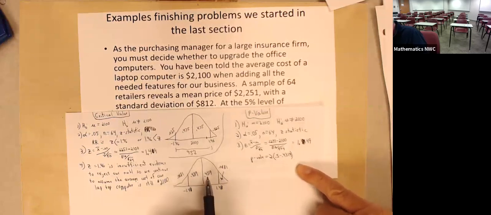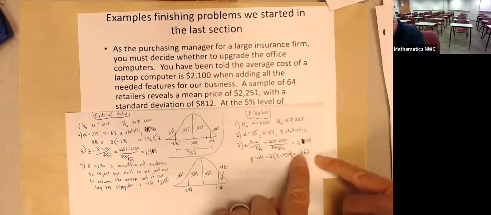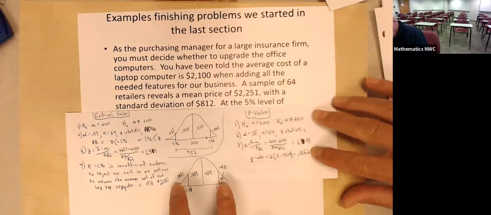So when I double that, 0.4319, I end up with 0.1362. Basically, that 0.1362 are these two tails together.